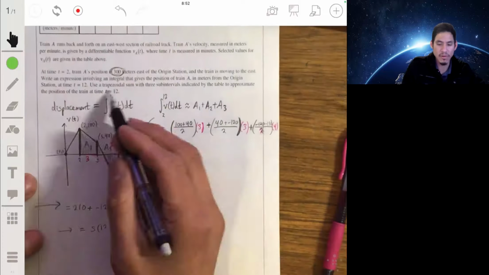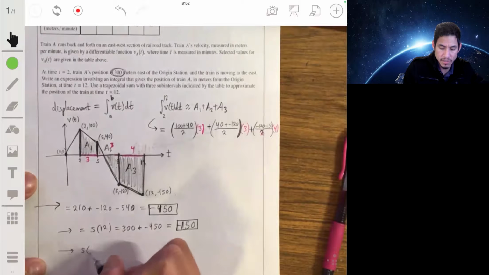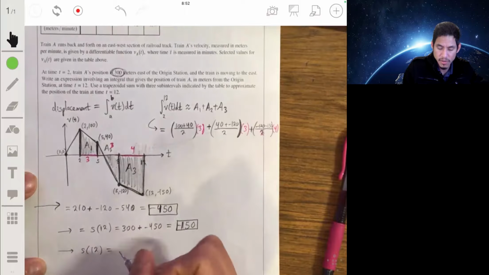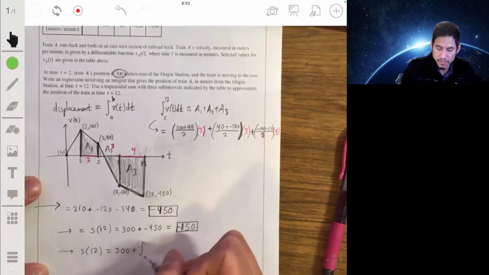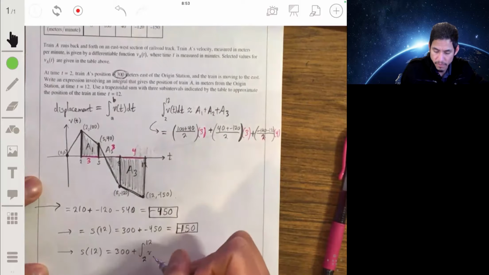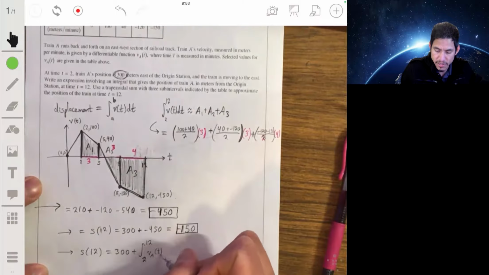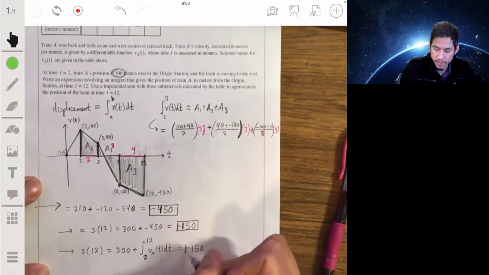And you would represent that whole expression as S of 12 equals 300 plus the integral from 2 to 12 of v sub A of t dt. We got that to be negative 150.